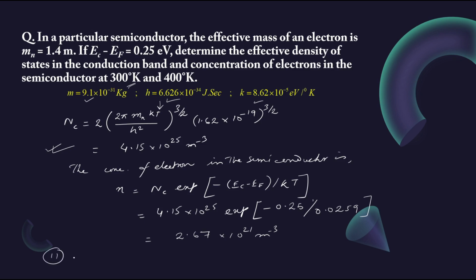If you do the calculation in a similar way, the value of Nc comes out as 6.38 into 10 to the power 25, and the value of n, calculated in the same way, comes out as 4.1 into 10 to the power 21. Now just go through the numerical and see whether you are getting the answer or not. It is as simple as that.